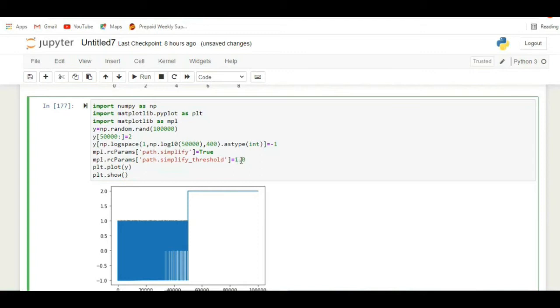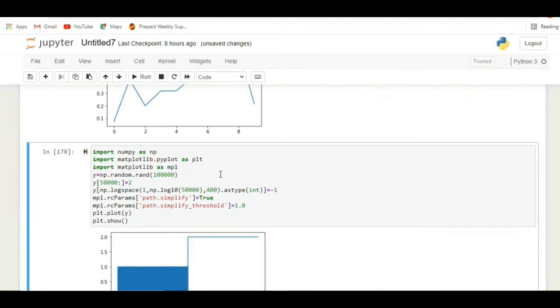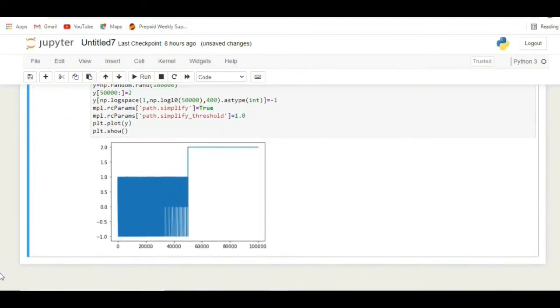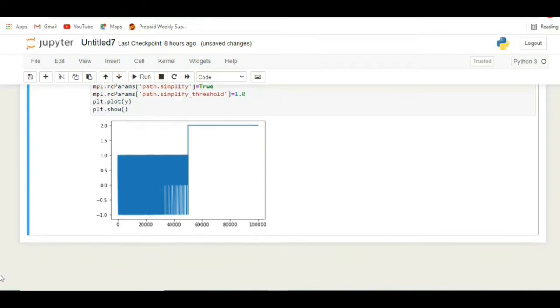If we change something over here, like 1 point something, then of course the values will change. Hope you have understood how these codes work in Jupyter Notebook using Python 3. Now we shall try some more codes.